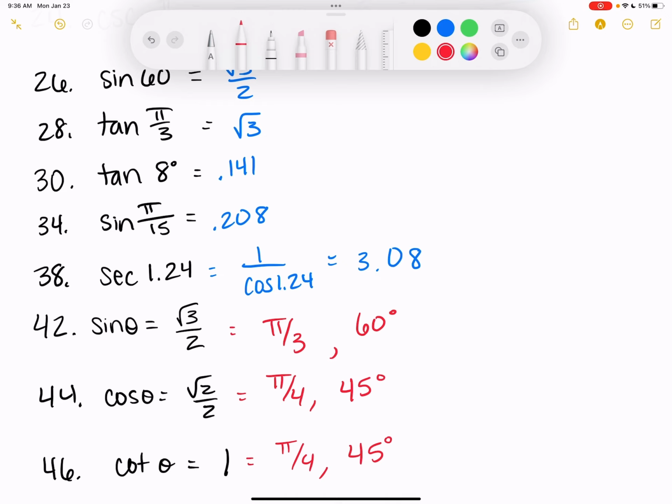So if it gives you cotangent, secant, or cosecant, just know that you need to flip whatever it's equal to. Just flip it. If it's already a fraction, then obviously flip it over, and that'll give you the value for its buddy trig function.